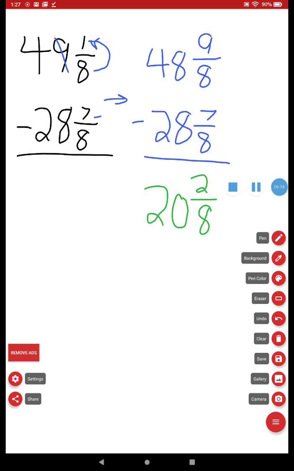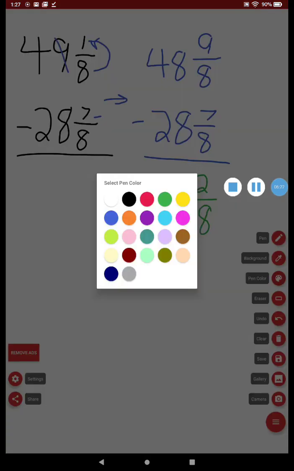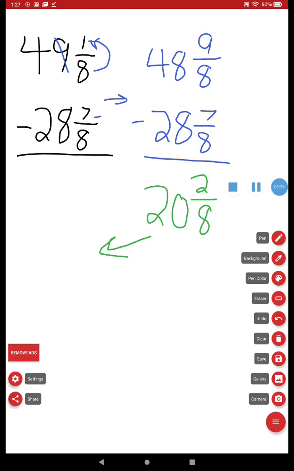You can pull out your multiplication chart if you have to. I'm actually just going to rewrite it and show you the mental math way. 20 and 2/8. If you've got your times charts, look in the rows. Where is 2 and 8? Very good. It's in the 2's row. So that means I'm going to divide this by 2.